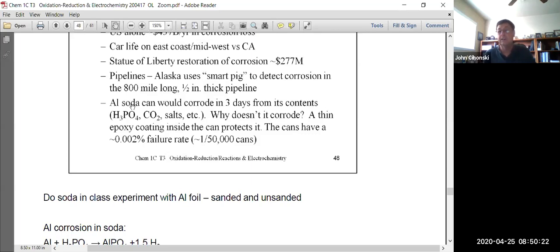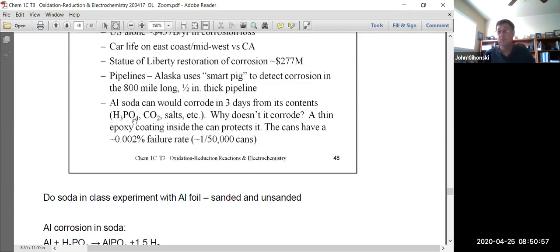Well, it turns out if you took an aluminum soda can and did not protect it from corrosion, if you had any kind of soft drink like Coke, Pepsi, anything with phosphoric acid in it, and CO2 and salts don't help, that aluminum would corrode in about 3 days with the amount of phosphoric acid present.